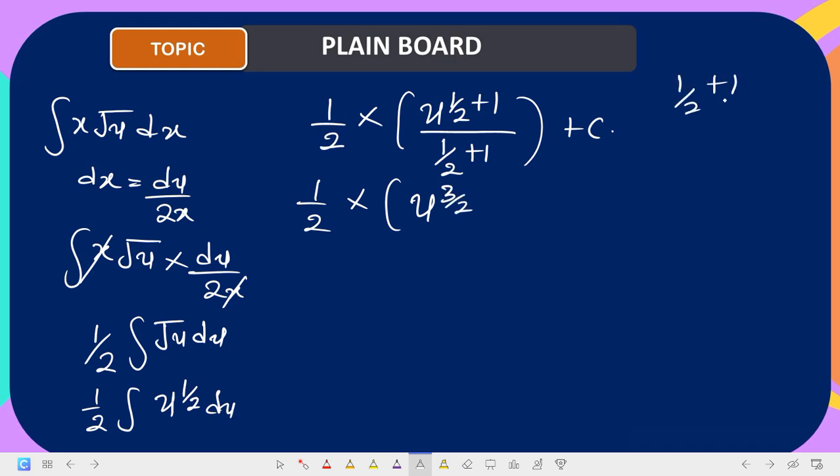Half plus 1, this over 1. The LCM is 2. 2 times 1 plus 2 divided by 2 is 1, then 2 divided by 1 is 2, plus 1 is 3. So we have 3 over 2.